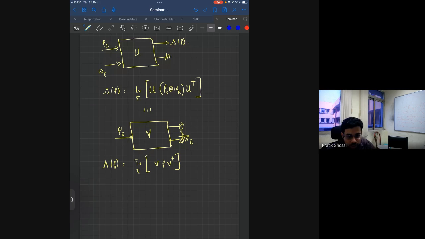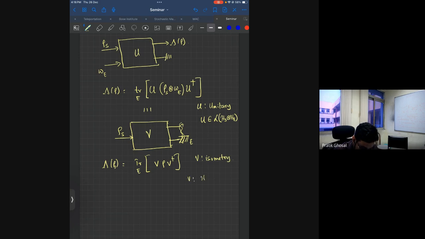Now the important thing is that while U was a unitary operator, acting as a linear operator on HS and HE, V is an isometry operation.